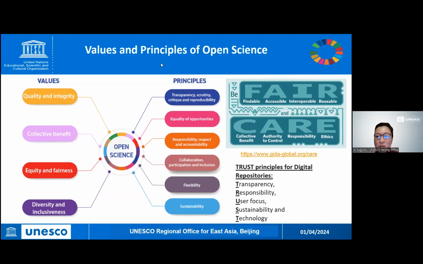Then, especially for indigenous knowledge and with indigenous communities, we also have the CARE principles, which means collective benefit, authority to control, responsibility, and ethics. And for digital repositories, we have the TRUST principles: transparency, responsibility, user focus, sustainability, and technology. So you can see we have mixed all this within our values and principles.